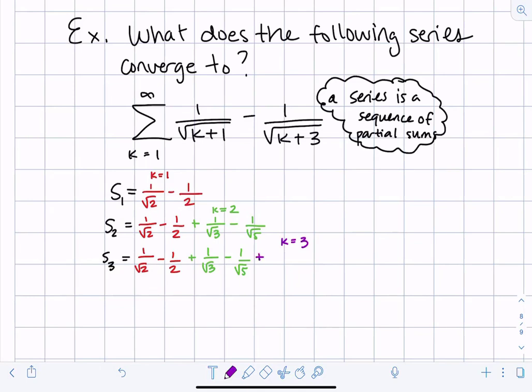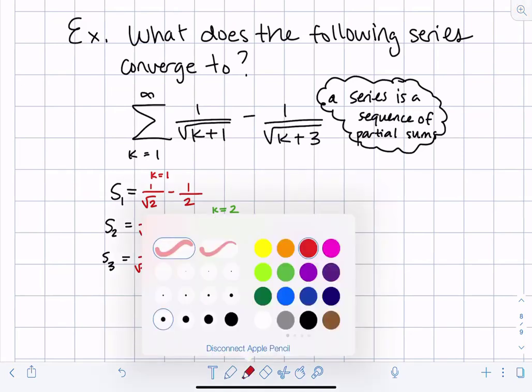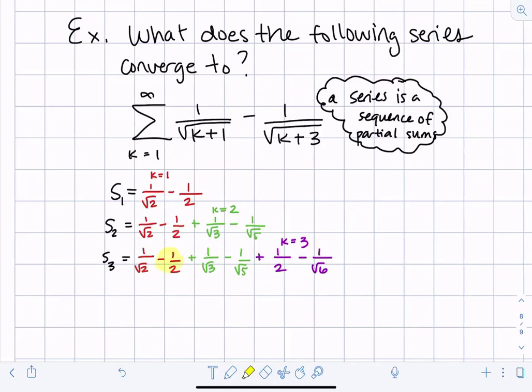For k equals 3, we get 1 over root 4, which is 1 half, minus 1 over root 6. And check it out. We have some terms that cancel, so let me highlight those. Looks like we have a minus 1 half and a plus 1 half, and those are going to cancel out.